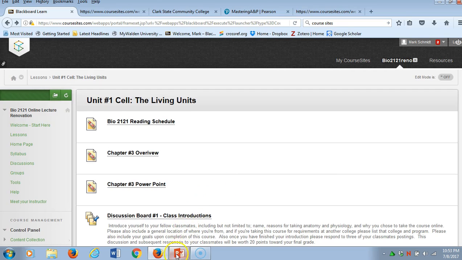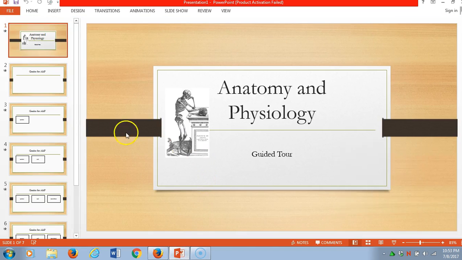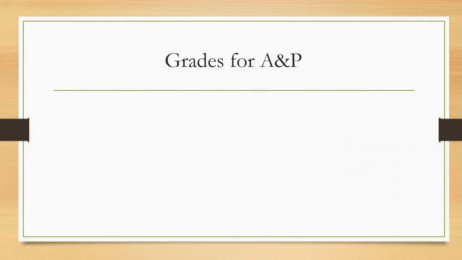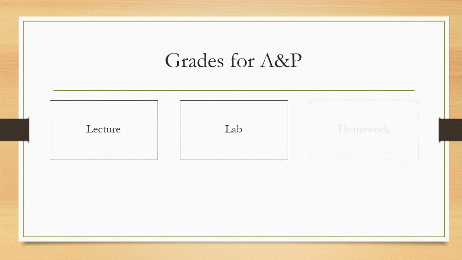Alright, the last thing that we want to look at is how we get our grades for anatomy and physiology. The grades for anatomy and physiology come from three places: the lecture part of the course, the lab part of the course, and then the homework part of the course. Each one of those will have individual point totals associated with them.